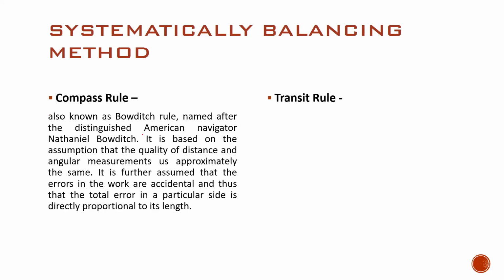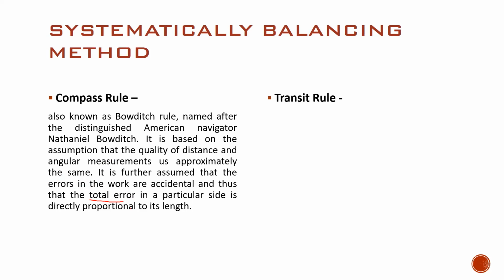Yung compass rule, also known as the Bowditch Rule, named after the distinguished American navigator Nathaniel Bowditch, is based on the assumption that the quality of distance and the angular measurement are approximately the same. It is further assumed that the errors in the work are accidental, and thus the total error in a particular side is directly proportional to its length.